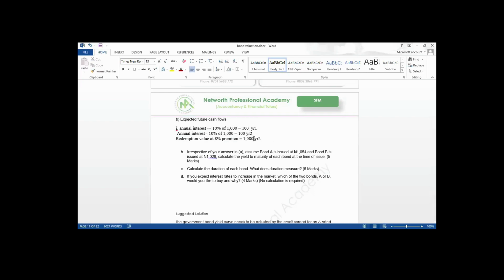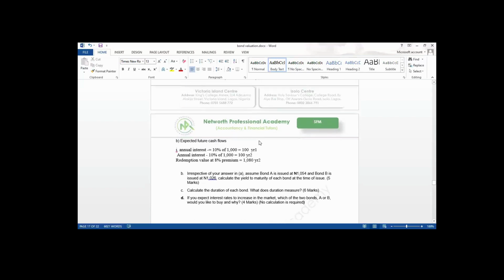And the next is the yield to discount this bond. I hope we are following. The next is the yield we are going to use to discount this bond. We need to derive the yield. Now, we are required to value corporate bond.